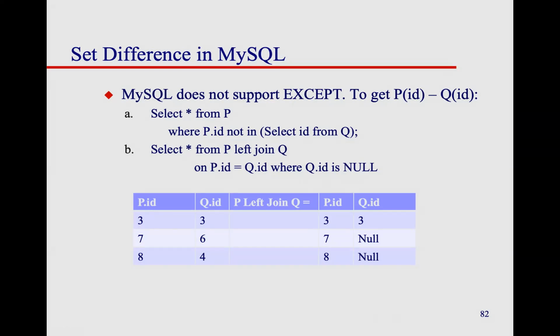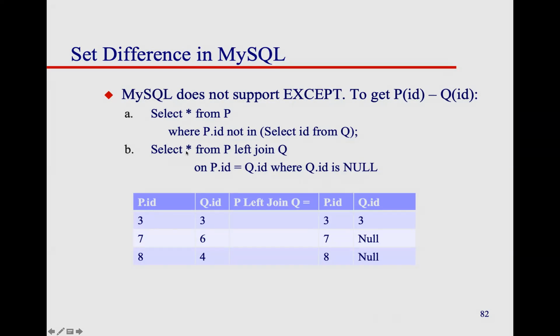No, that's not true. The left join would actually, yeah, but I said select star. Oh, no, actually, you're right. I would need to just select the attributes from P. I was wrong. For B, I actually need to change that.